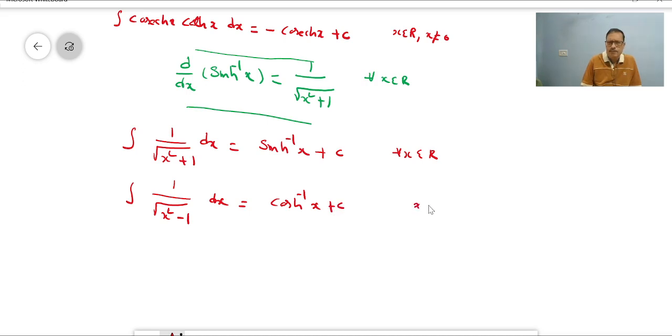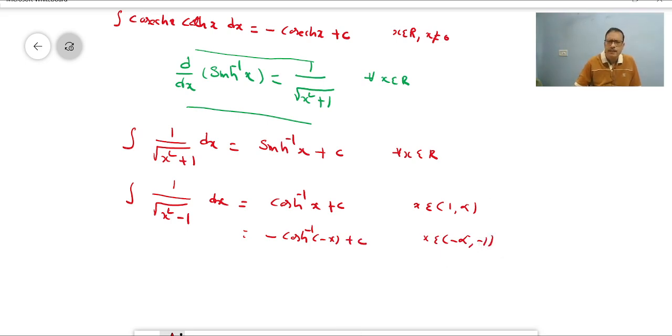Okay, so here x belongs to the interval 1 comma infinity. This is equal to minus cos h inverse of minus x plus c, where x belongs to minus infinity comma minus 1, open.